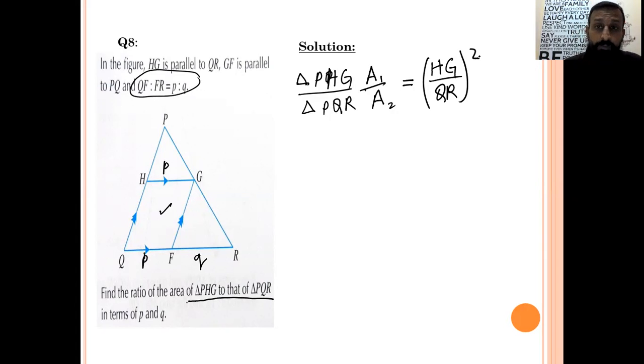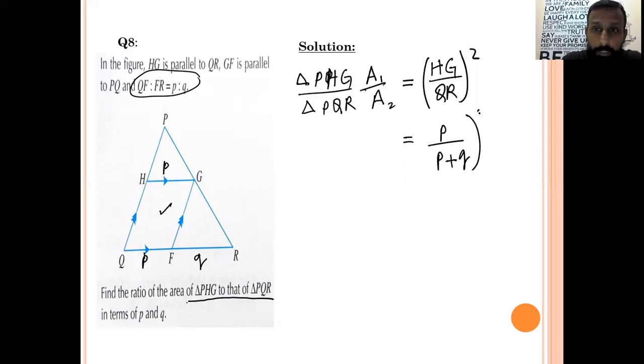So we can simplify this. Now, HG is P and QR is P plus Q. The bottom line of this triangle, QR, is a sum of P and Q. So we can plug in these values: HG is P and QR is P plus Q, the whole square. This is triangle PHG and this is triangle PQR.